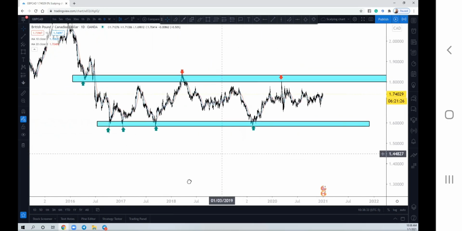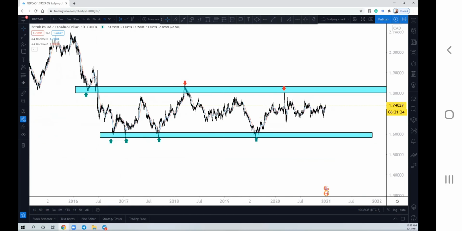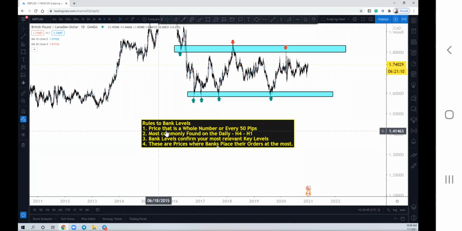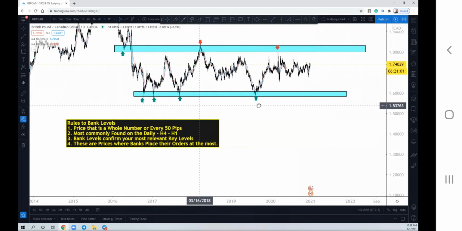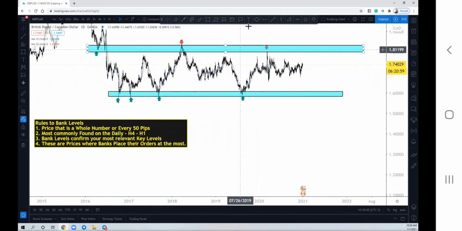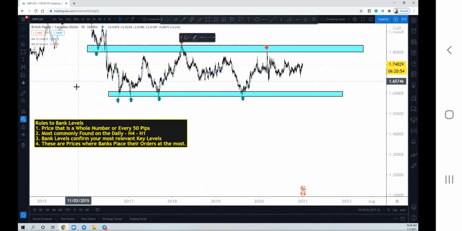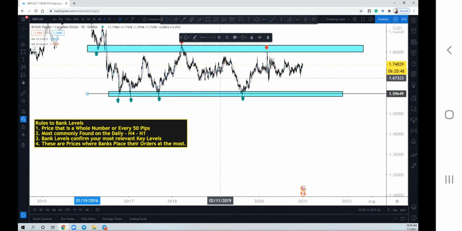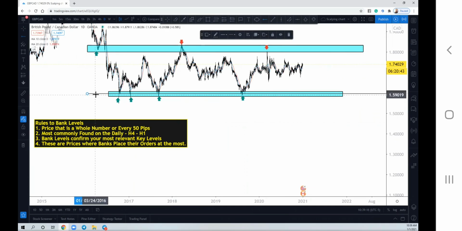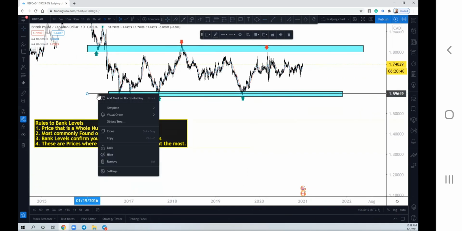And so how do we confirm that these are actual bank levels? Well, let's go back to the rules. The rules say the price is a whole number or every 50 pips, and these confirm your most relevant key levels. So let's check out this support level here. If we use a horizontal line or horizontal ray, whichever you prefer, you can place this tool right here and click on this gear icon, or if you can't find this little pop-up window, you can simply right click on the actual line and go to settings.